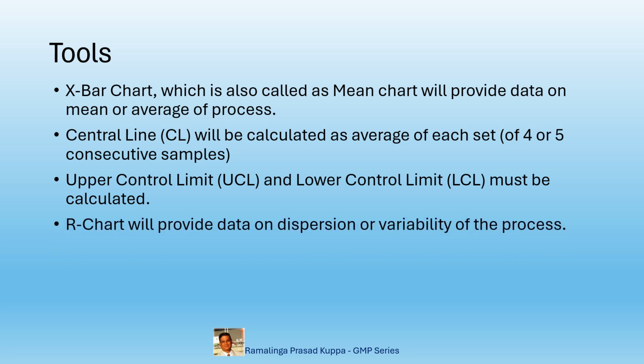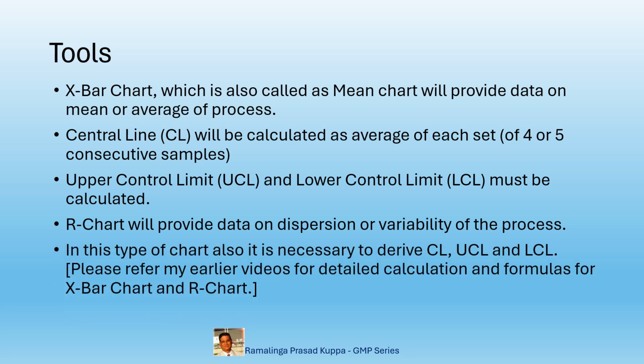R chart will provide data on dispersion or variability of the process. R chart is actually a range chart that evaluates the range of the process. A simple way to understand is that it is the difference between the maximum and the minimum value.